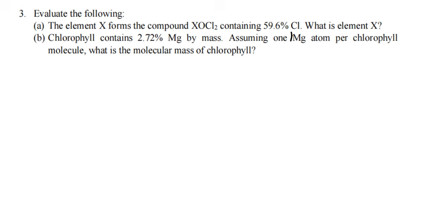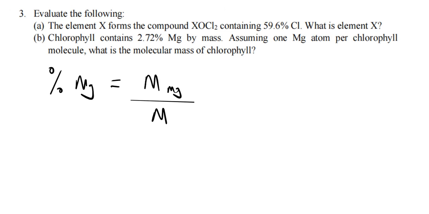So in this case, what are we going to do? The percentage of magnesium will be equal to the molar mass of magnesium in the compound divided by the total molar mass of chlorophyll, multiplied by 100%.